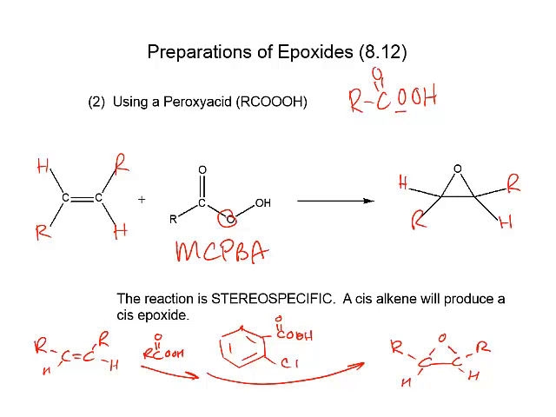So if I change the stereochemistry of the reactant from cis to trans or trans to cis, the stereochemistry of the product also changes. And that's what stereospecific means. Change the stereochemistry of the reactant, you get a different product stereochemistry. So in this case, it's retention. Cis alkene, cis epoxide. Trans alkene, trans epoxide. And that's what stereospecific means.